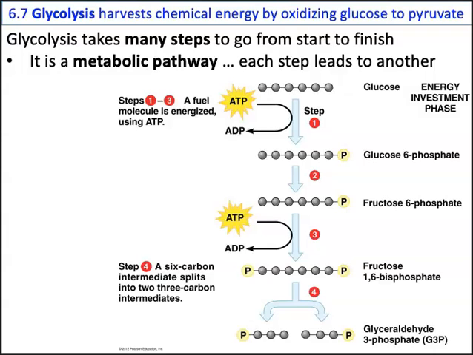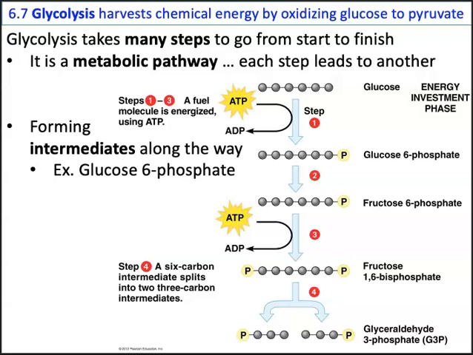Now, as we mentioned, glycolysis takes many steps, 9 steps, to go from start to finish. It is a metabolic pathway, which means that it has these multiple steps, and each step leads to the next step. And we end up forming intermediates along the way.